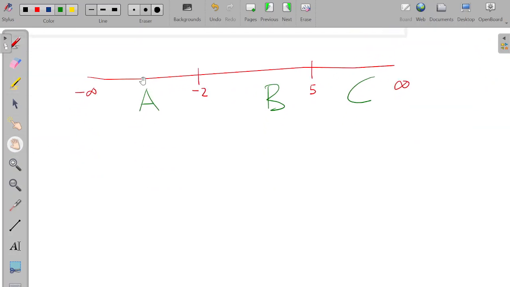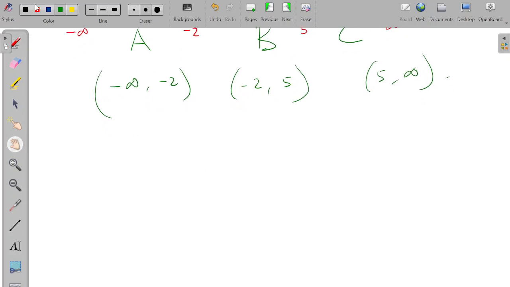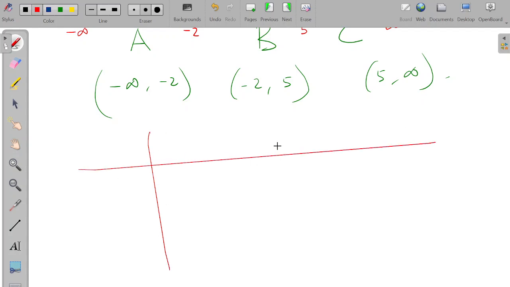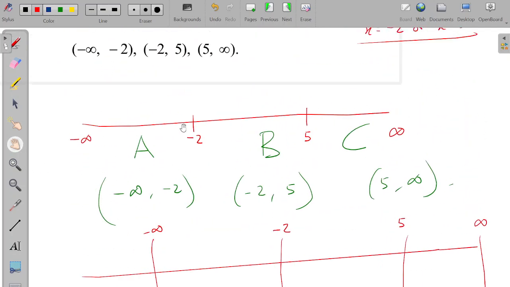So we have negative infinity to negative 2, that is one interval. Negative 2 to 5 is another interval. 5 to positive infinity is the last. When you divide the real line into 3, you then check with the function.